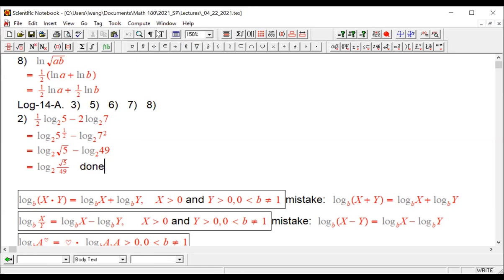So what we are assessing here? You need to know what your teacher is looking for. We're looking for that you use the power rule properly.